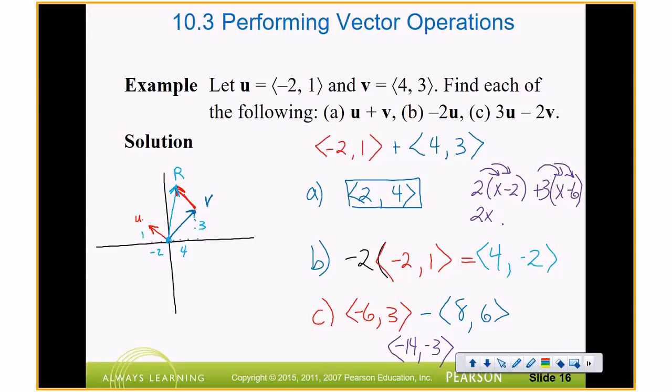You get 2x minus 4 plus 3x minus 18. Now what do you do after you distribute in algebra? Combine like terms. And that's what you're doing now. You're adding the x, and then you're adding the what? You're adding the y. You did algebra. You do the same thing. Okay? Question?